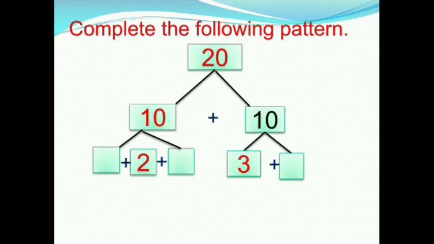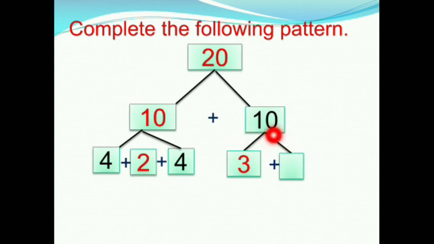Now we have this 10, where one among them is 2. By adding which two numbers to 2 do we get 10? Yes, 4 and 4. So we should write 4 and 4. 4 plus 2 plus 4 is equal to 10.